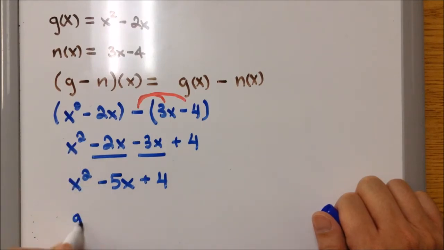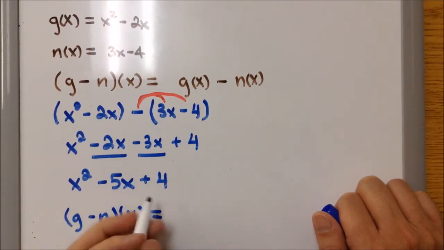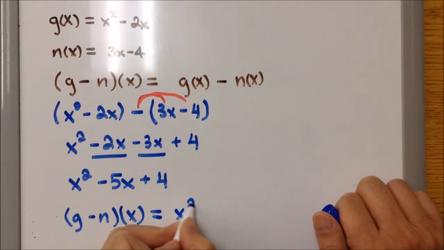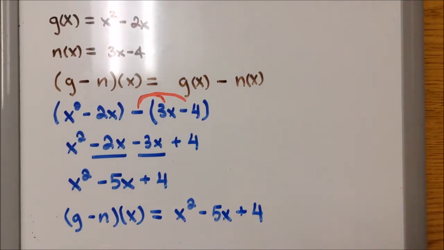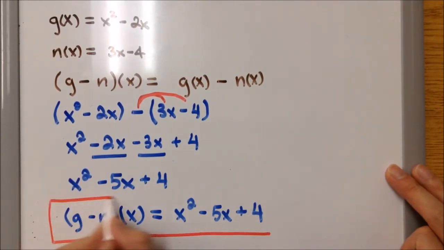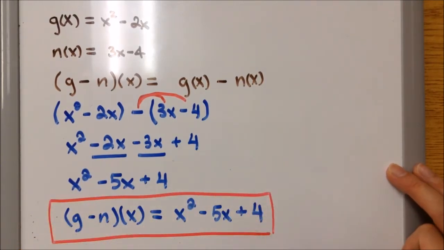So g minus n of x equal x squared minus 5x plus 4. So again, that's pretty much all we can do. So I'm going to box this up. And that's it.